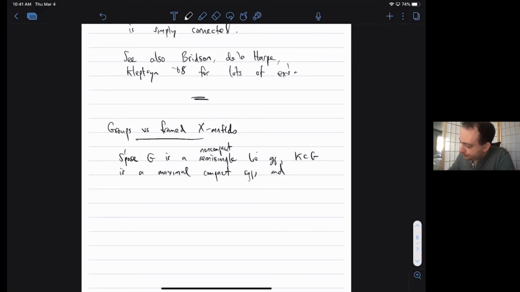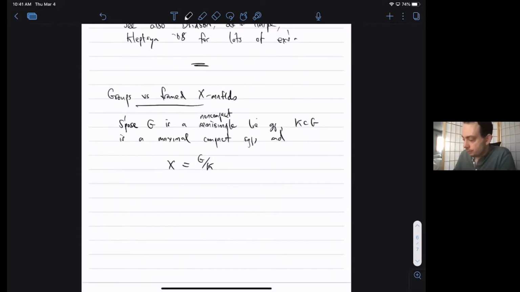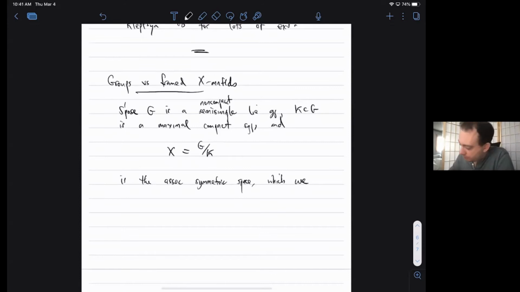And X is the quotient G mod K. So this is the associated symmetric space, which we endow with a left G-invariant Riemannian metric.